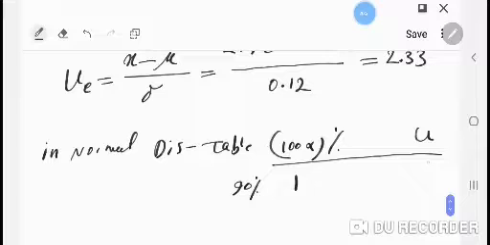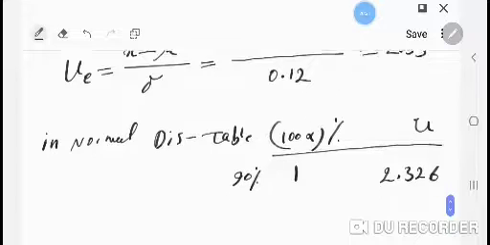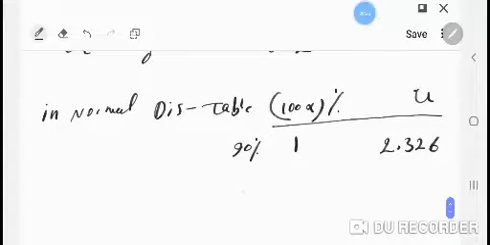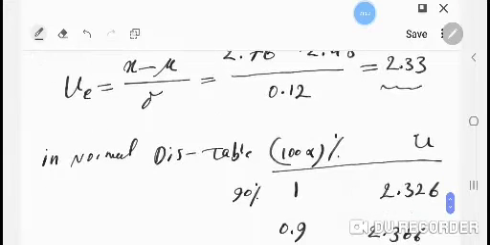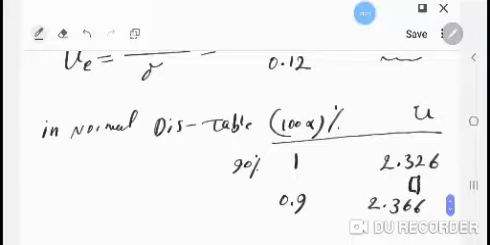In the normal table, this is 2 point, and for probability or alpha of 0.9 it is 2 point, because this number is between these two numbers in the normal distribution table.